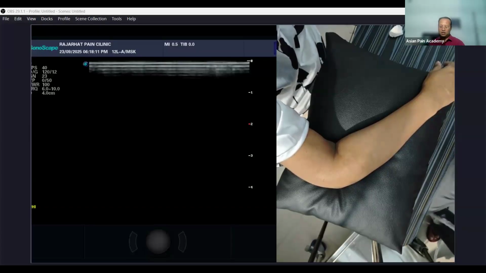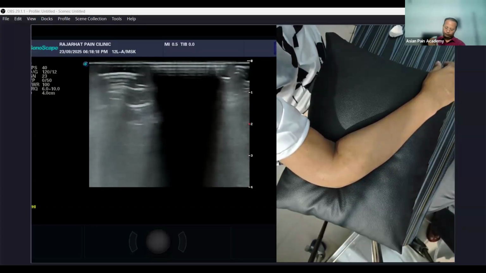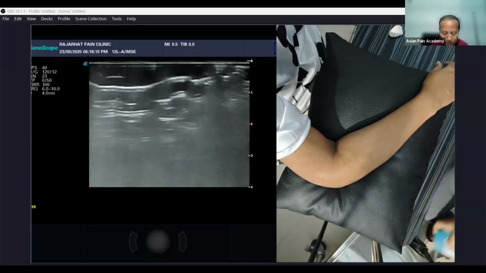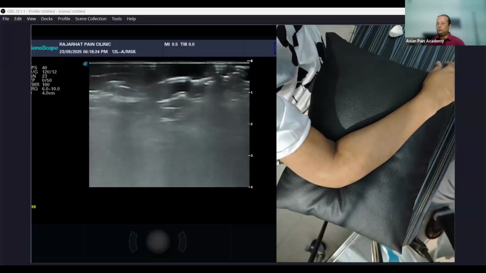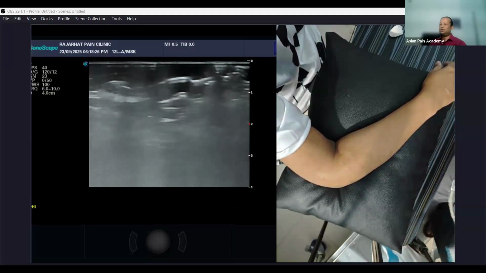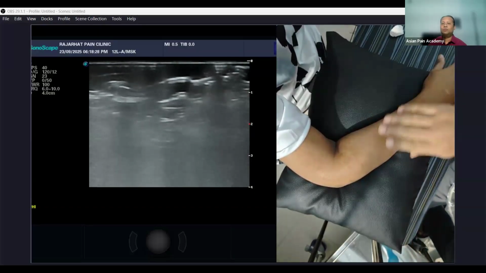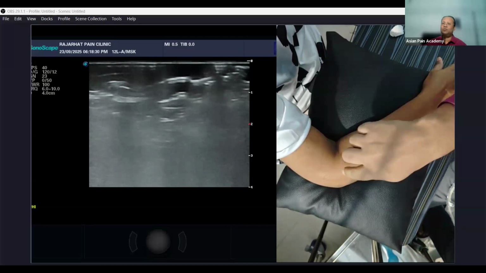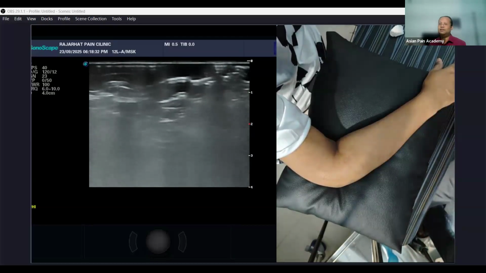So I'm showing the common extensor tendon and its constituents. You can see that hand is prone, forearm is prone, and elbow is more or less 90-degree flexed.